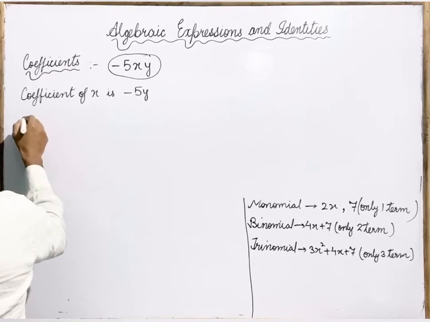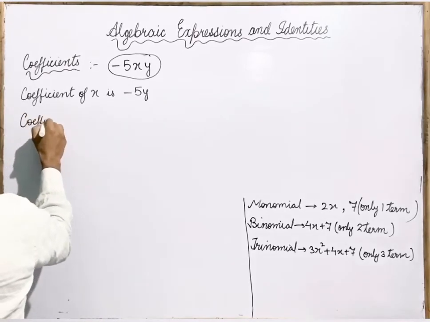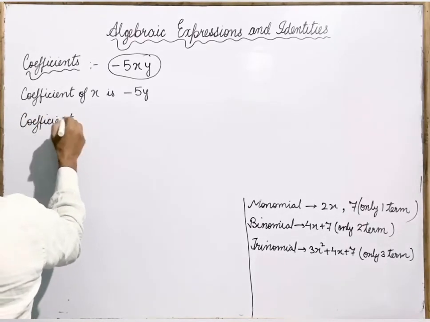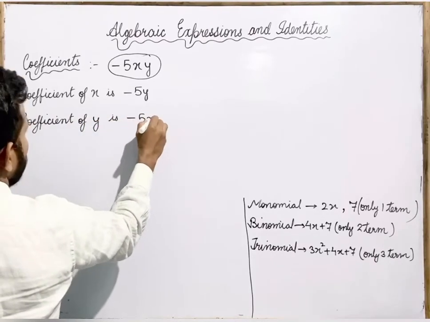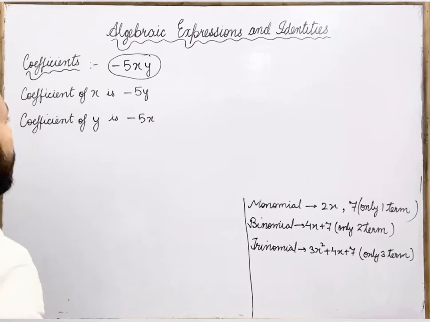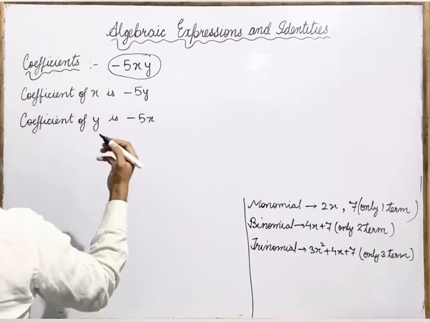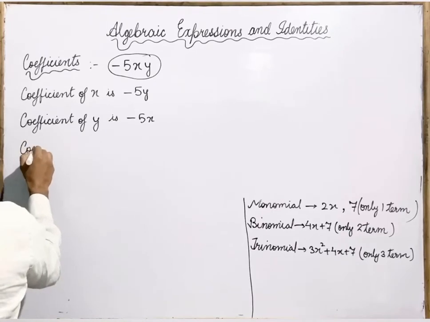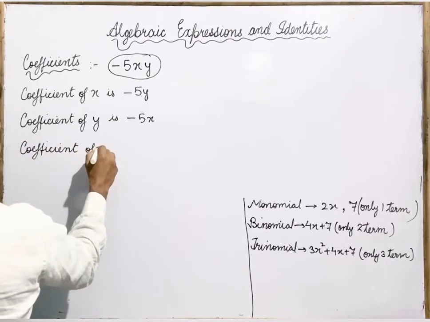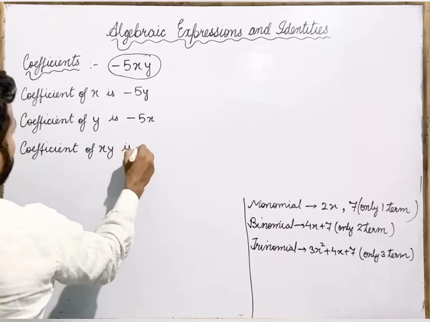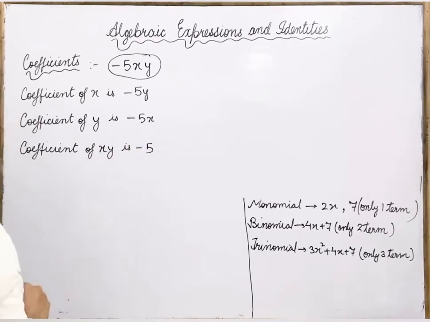Now if I ask what is the coefficient of y, the coefficient of y is minus 5x. Everything except y, so it is minus 5x. If I ask you what is the coefficient of xy, the coefficient of xy is minus 5. So this is what coefficient means.